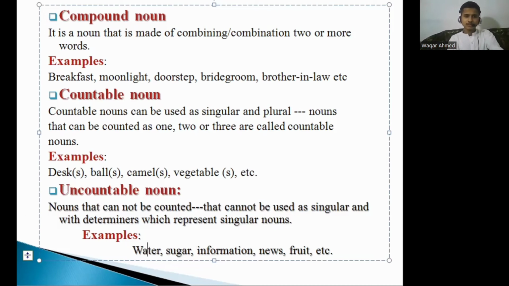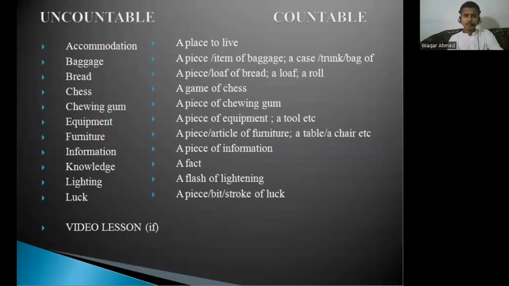Now here are some uncountable nouns that could possibly be used as countable if you apply this trick or use this way. Accommodation can be used as a countable noun if you use such a structure: a place to live, right?